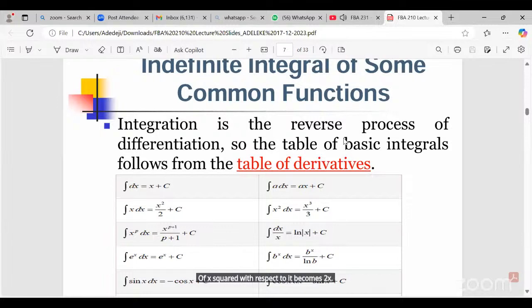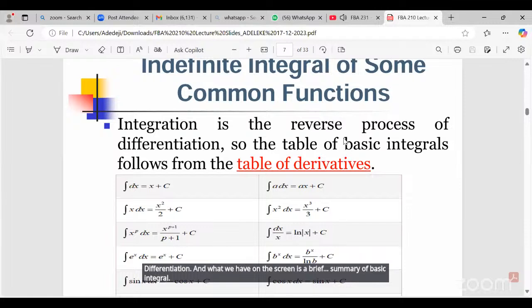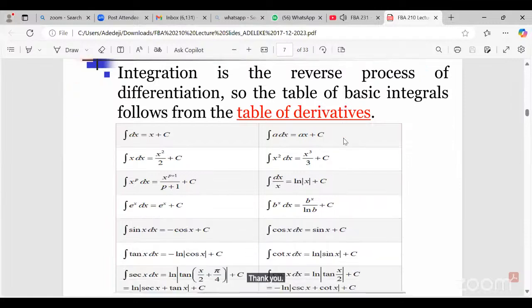Now, what if we are to reverse that procedure? The reverse of the differential process is integration. So integration is the reverse process of differentiation. What we have on the screen is a brief summary of the basic integrals of some functions.